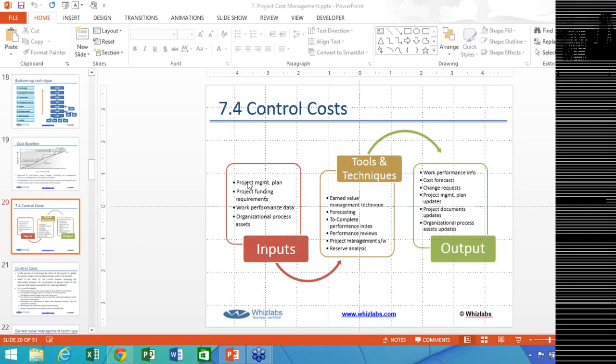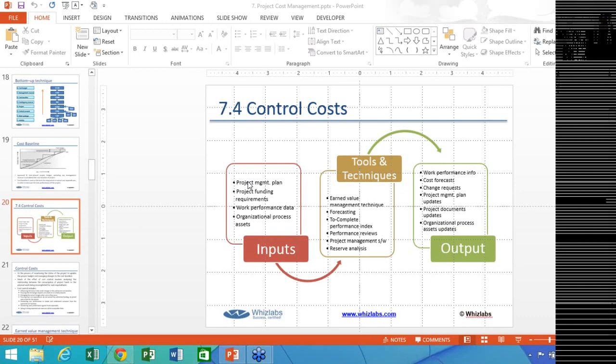Earned value management is one technique which is not just applicable to the IT industry; in fact, it is relevant to most industries. This is one beauty of earned value management. In the same way it is applied to the construction industry, it is applied to IT.